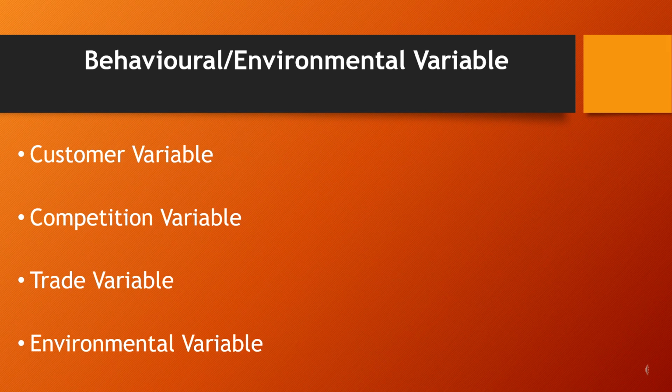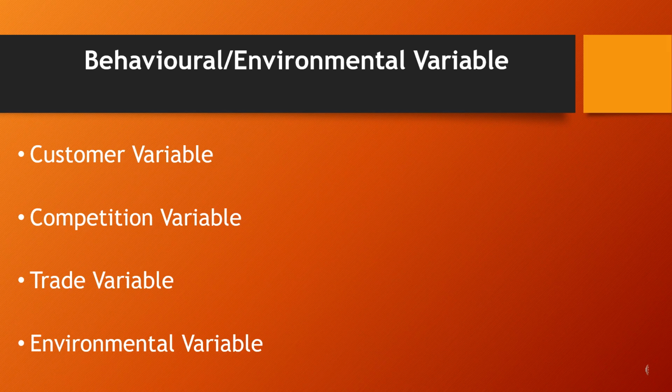Under customer variable, we see the number of customers, location of the customer, that is the geographical area, purchasing power of the customer, that is the economic conditions of that particular region or the customers of the company. Then buying behavior, habits of purchase, personality traits and attitude, lifestyles and needs of the customer.